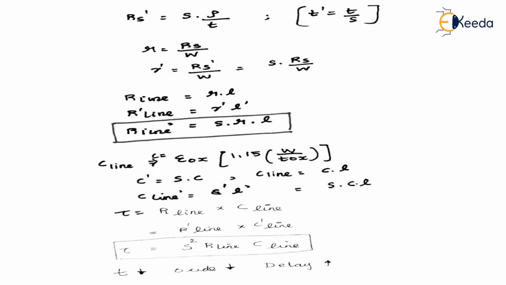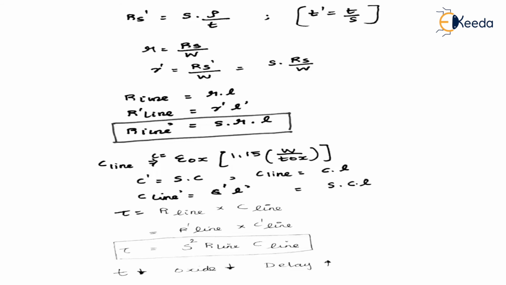Now in the same way, we shall see what is happening to the capacitance of the interconnect, which is C line. C is the capacitance per unit length, and C dash is scaled by a factor of S into T, because my C is inversely related to the oxide thickness, where the oxide thickness is scaled down by S. So when S comes to the numerator, we find that the newer capacitance per unit length is equal to S into C. We know C line is equal to C into L, and C line dash is equal to C dash into L dash.